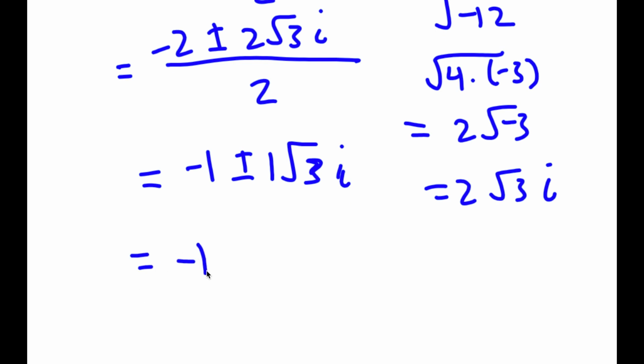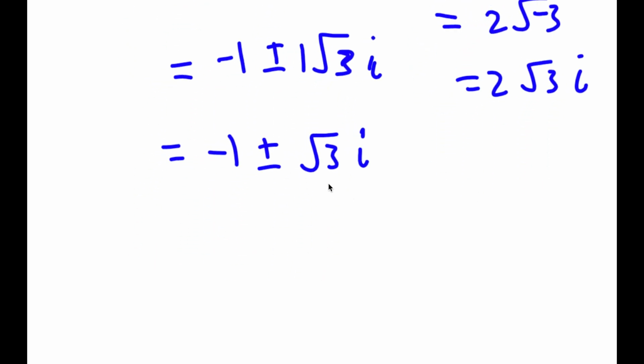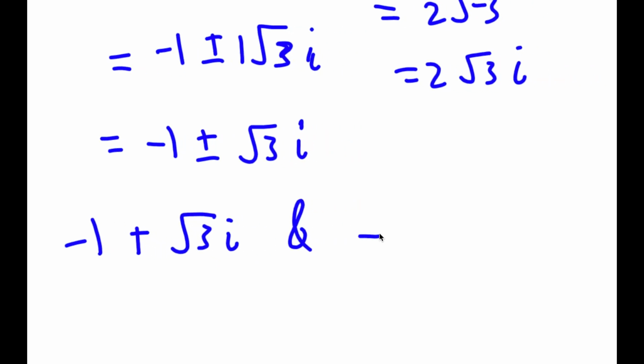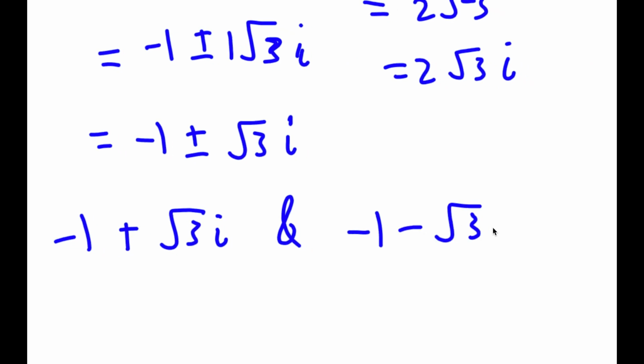And this is equal to negative 1 plus or minus the square root of 3 i. And this gives me two solutions. I have negative 1 plus the square root of 3 i, and I have negative 1 minus the square root of 3 i.